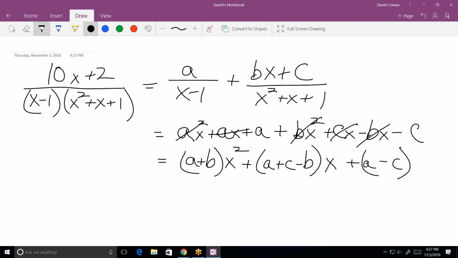I'm going to put parentheses around that just for clarification. All of this has to be equal to 10x plus 2.